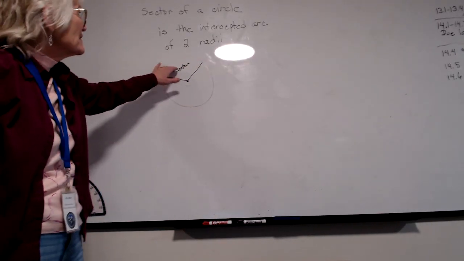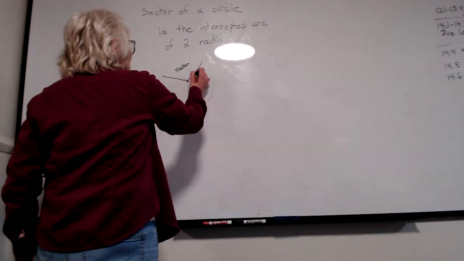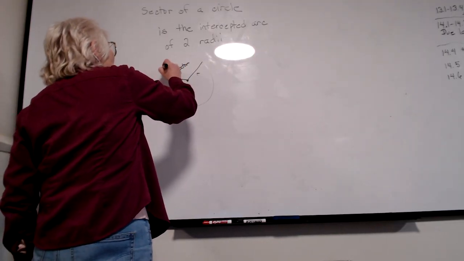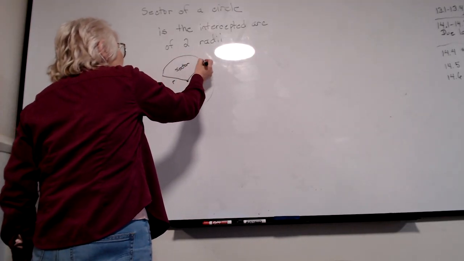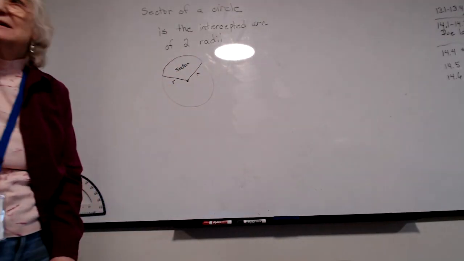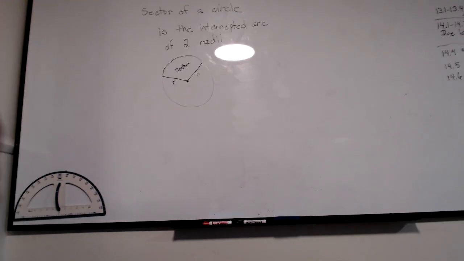But these are radii, and what you have is a curved cone-like shape when you're looking at a sector. So the sector is where two radii intercept an arc, and that is called a sector of the circle.